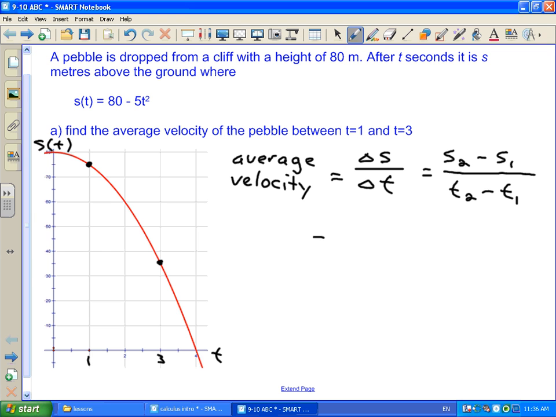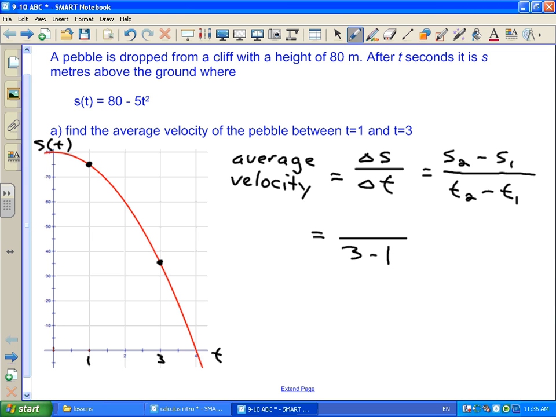So we can figure out our positions and our times. We're given 2 times here, so the denominator is pretty easy. Our time 2 is just going to be 3, time 1 is just going to be 1.